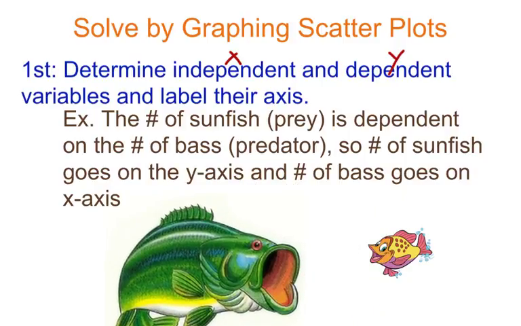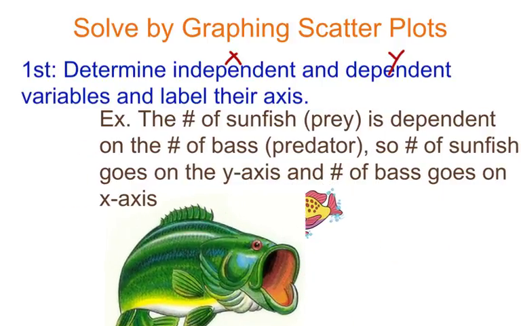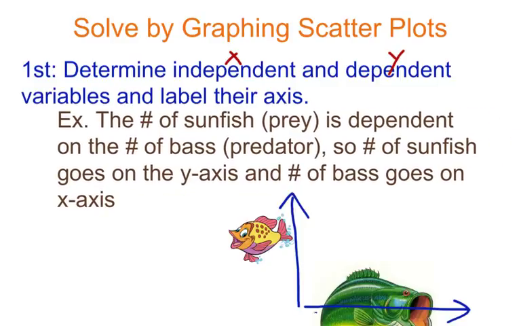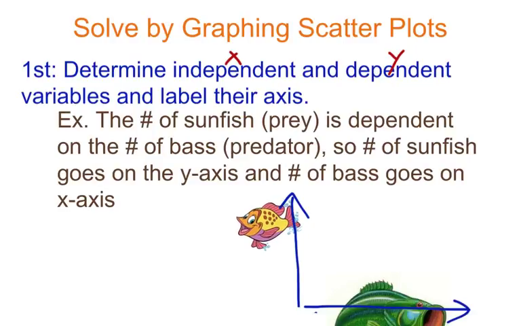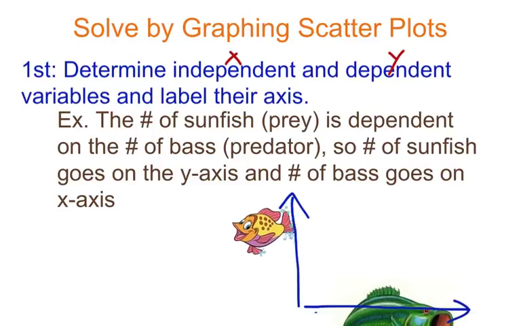So the number of sunfish is going to go on the vertical y-axis, and the number of bass, our predator, is going to go on the x-axis, because the number of sunfish are dependent on the number of bass. So we're trying to measure how many sunfish there are.